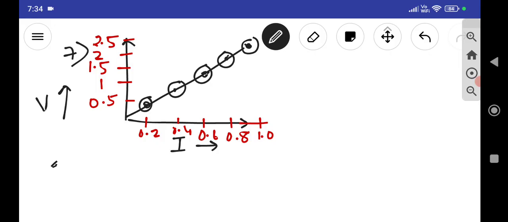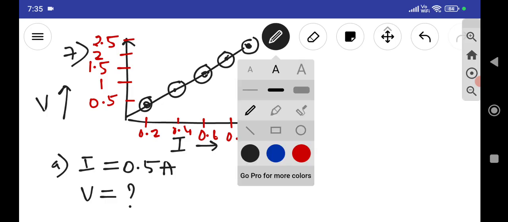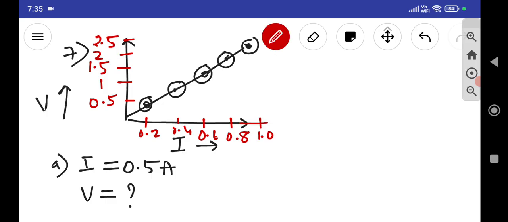Now accordingly, the first question is the potential difference V when I is 0.5 A. So I is equal to 0.5 A. You want to find out what is V, right? So if you observe this, the I value is 0.5, so you can take here, right? And then the voltage you are getting, you will get here. So this will be 1.25 volt.